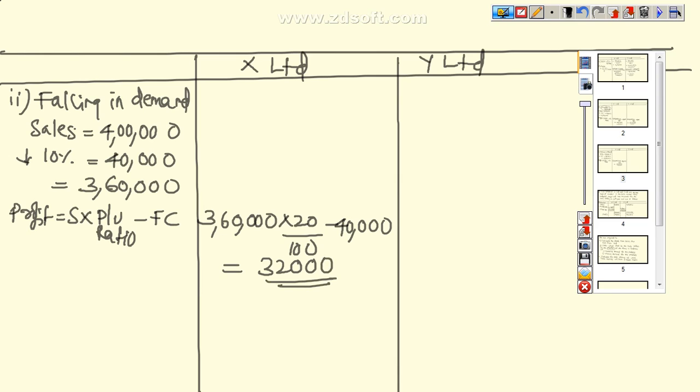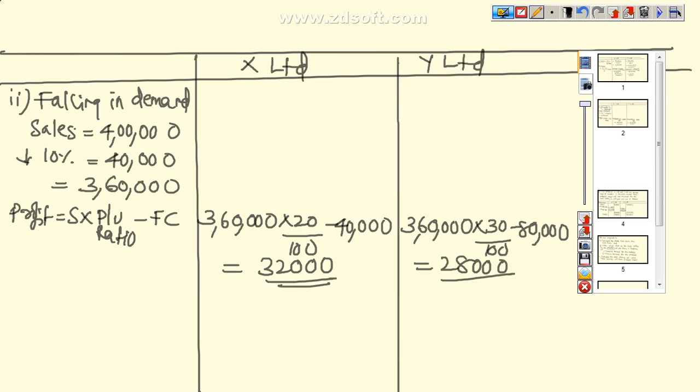And in case of Y Limited, 3,60,000 into PV ratio 30 upon 100 minus 80,000, that is equal to 28,000. So we can conclude that profit of X Limited is more as compared to Y Limited in case of falling demand. So this company is more profitable.